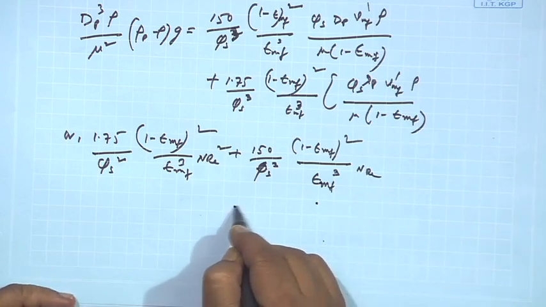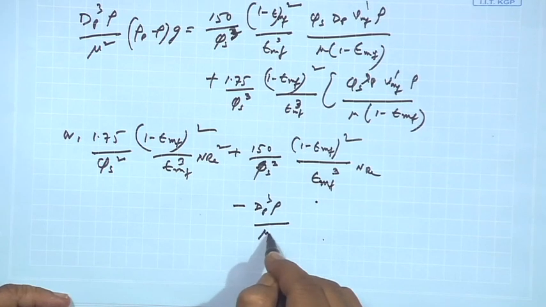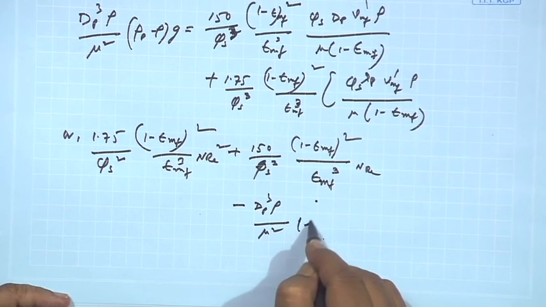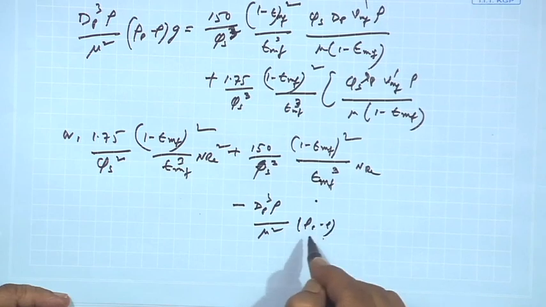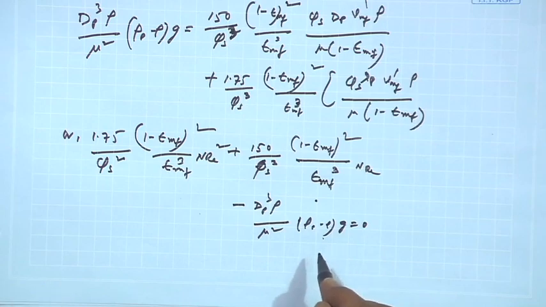This minus d_p cubed rho by mu squared into (rho_p minus rho) g. This is equal to 0, right.